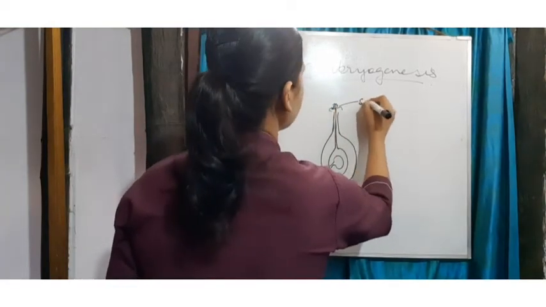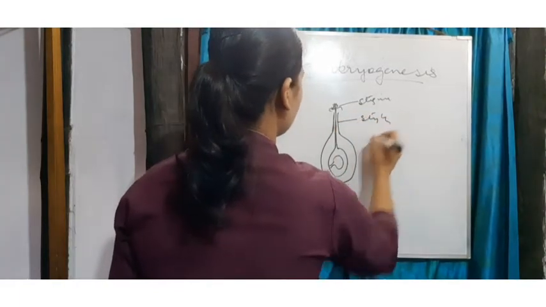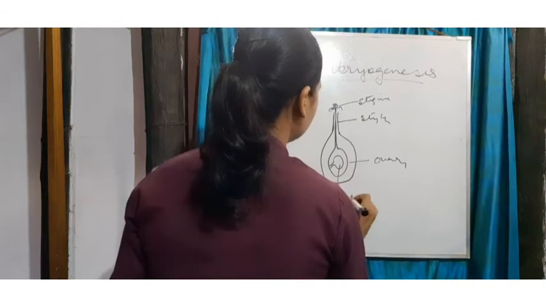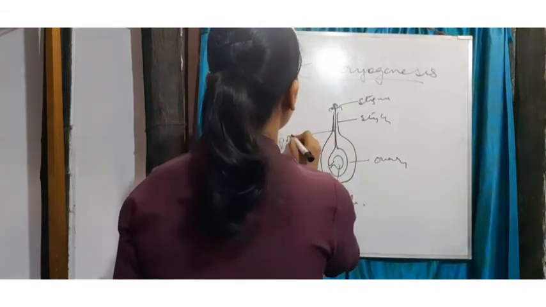This is called the stigma, and this is called the style. This is called the ovary. Inside it is called the ovule. And this tube-like structure is called the pollen tube.